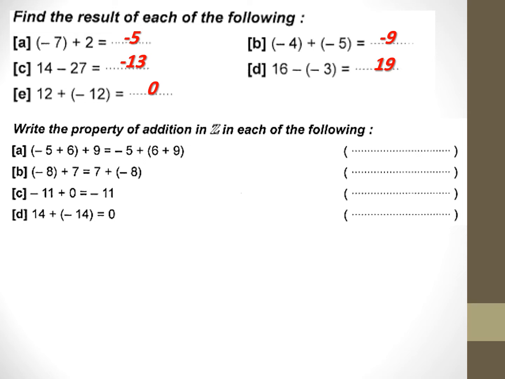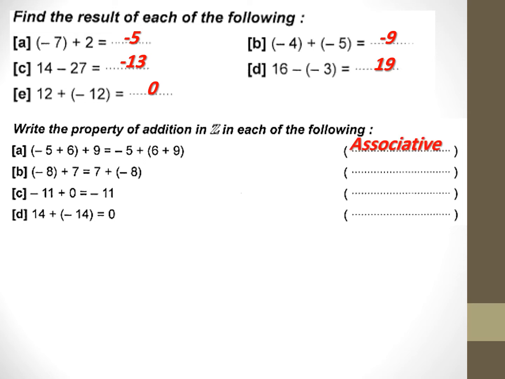The places of integers are not changed, but the brackets are changed. The brackets were on negative 5 plus 6, but on the right hand side on 6 plus 9. This is called associative property.